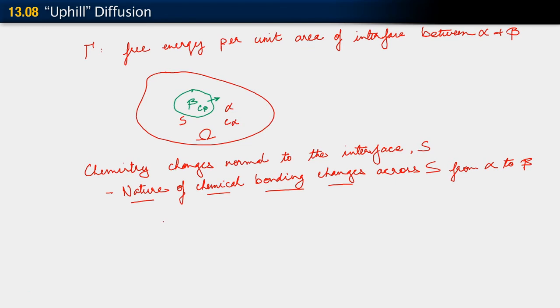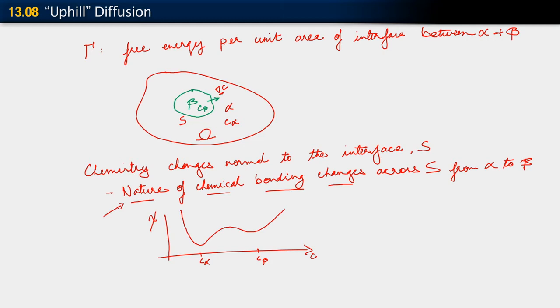We know that C alpha is really quite different from C beta. As we go across that interface, we are going to see a significant concentration gradient, and that concentration gradient manifests itself in this nature of bonding changing.